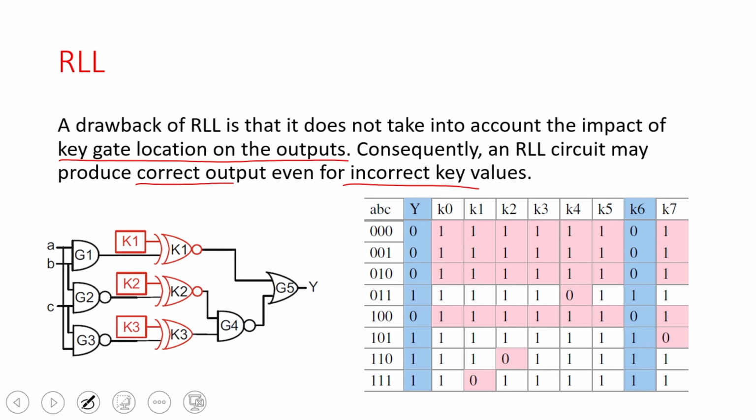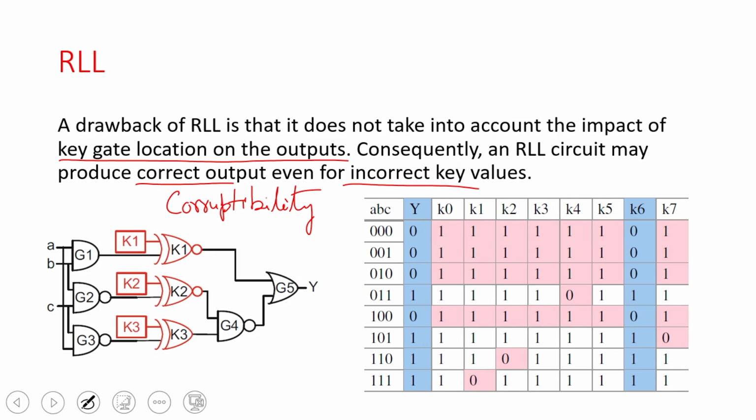So, you cannot logically create a key which gives you 100% corruptibility. Here the term corruptibility is very important. What is corruptibility? If you give a wrong key, what is the chance that the output will be wrong? So, that is corruptibility, right.